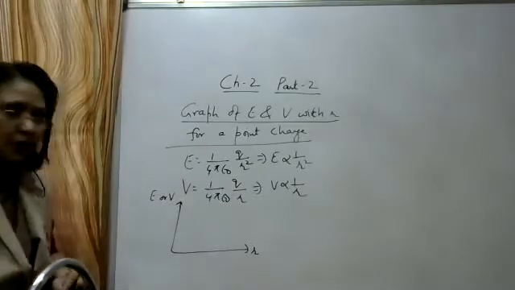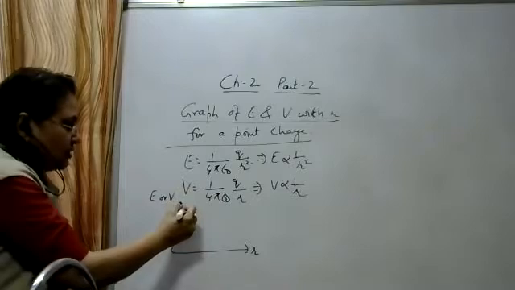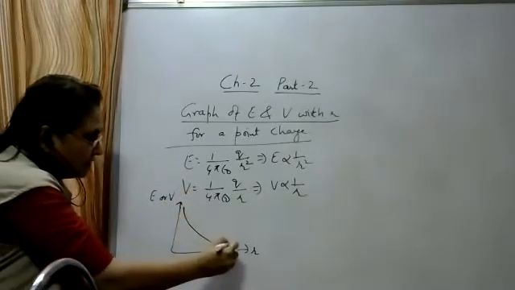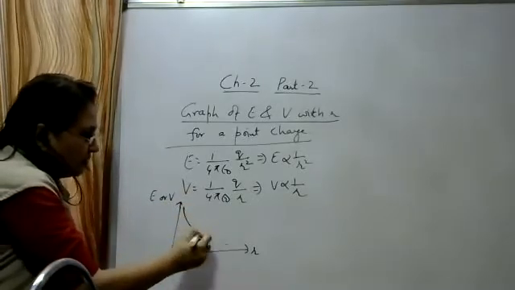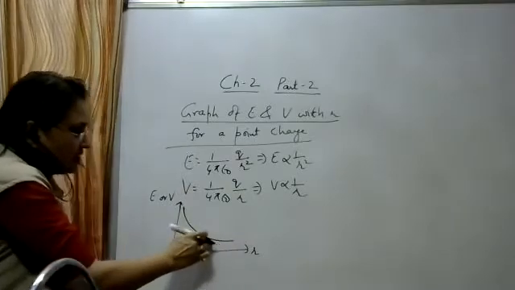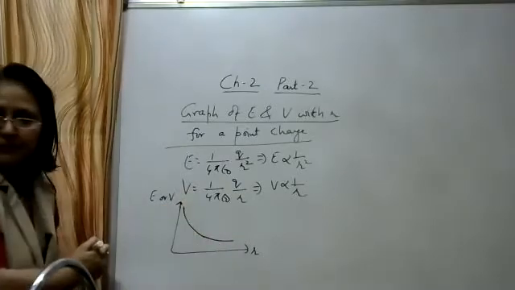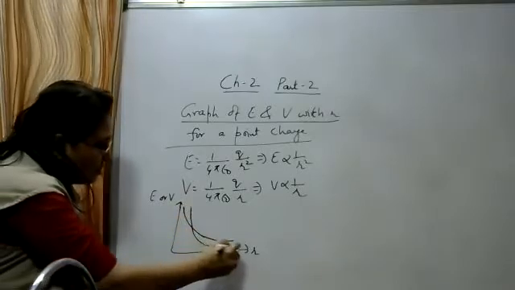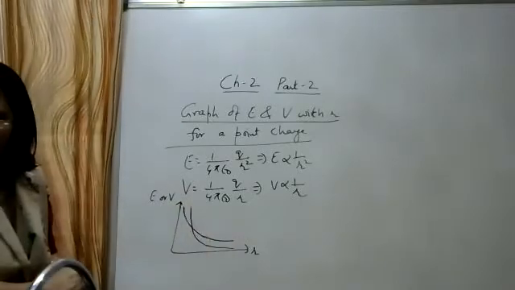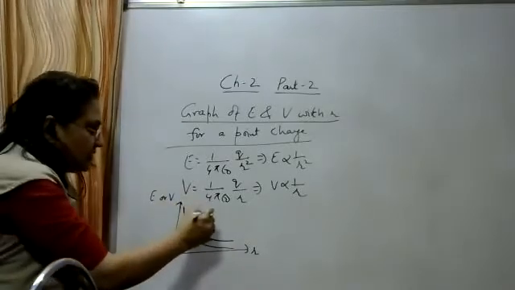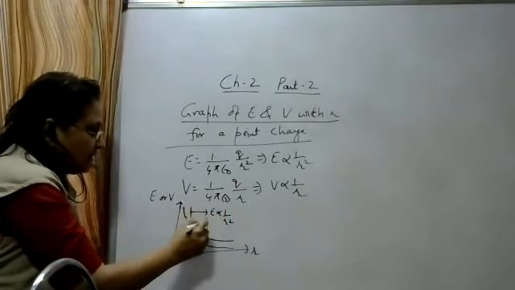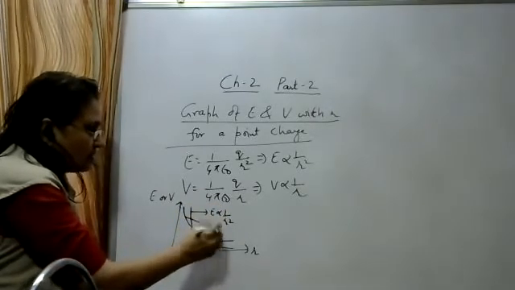Here potential is inversely proportional to R, so it will start close to the y-axis. The electric field is inversely proportional to R square, so this is the graph for electric field, E inversely proportional to R square. And this one is V inversely proportional to R.